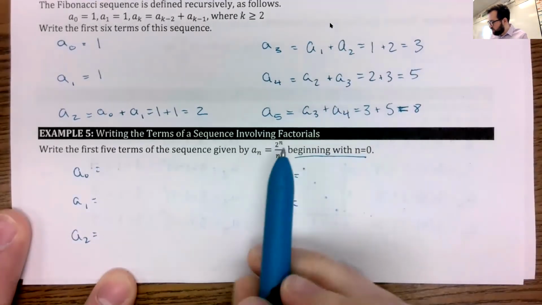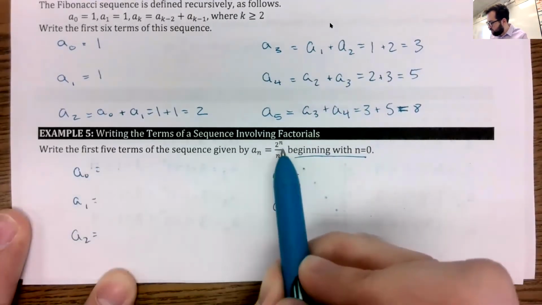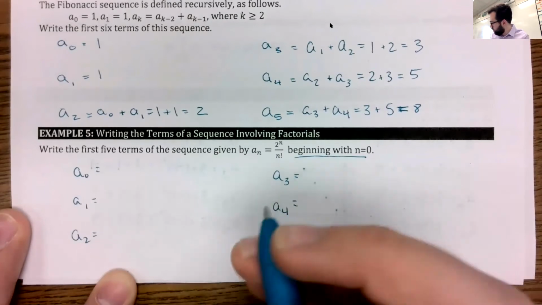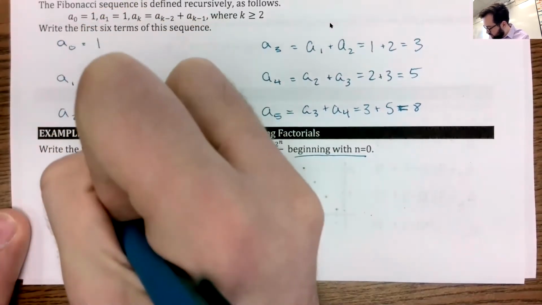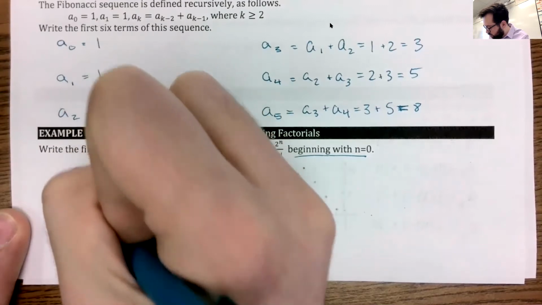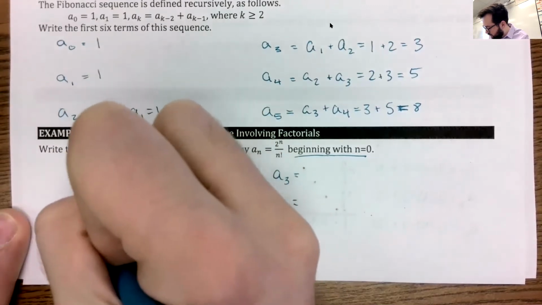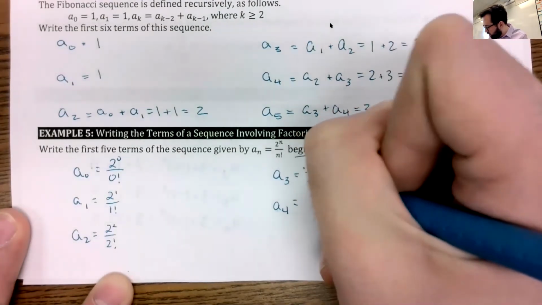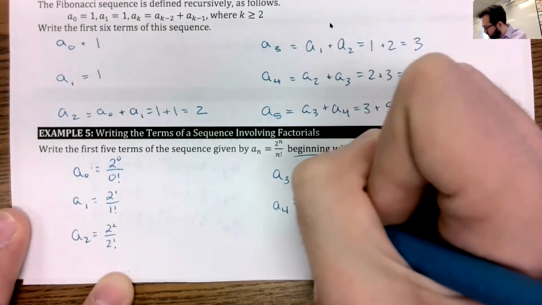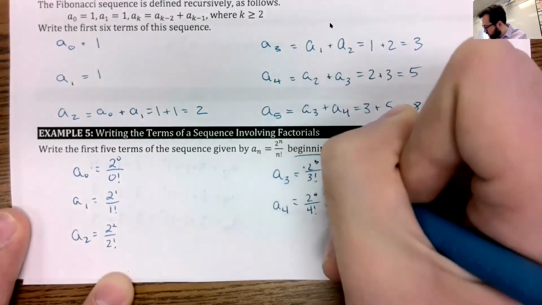And the first thing I'm going to do is just plug in the n's for each n in that fraction. So we have 2 to the 0 over 0 factorial, 2 to the 1 over 1 factorial, 2 squared over 2 factorial, 2 cubed over 3 factorial, and 2 to the 4th over 4 factorial.